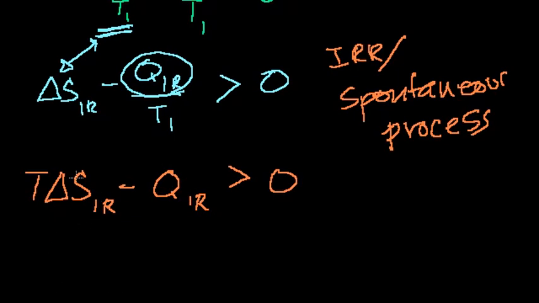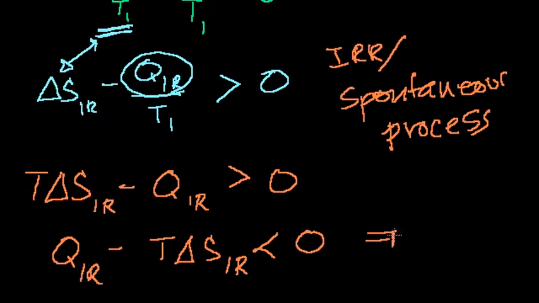Now let's multiply both sides by -1. Remember, this is true for any irreversible spontaneous process. You get the heat added to the irreversible process minus T times delta S of the irreversible process is less than 0.